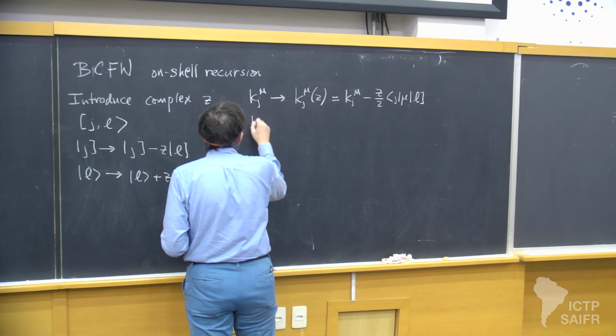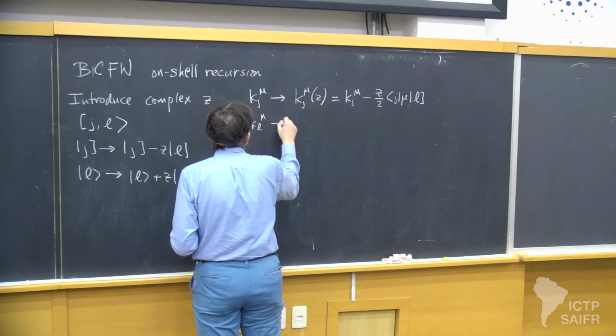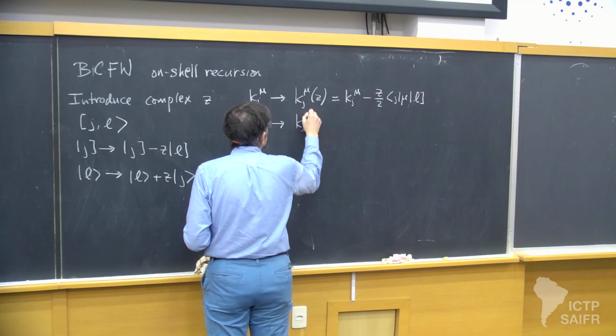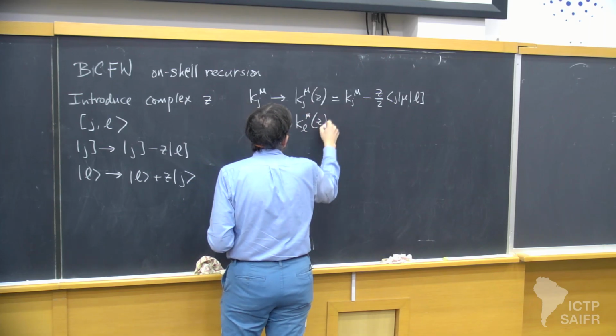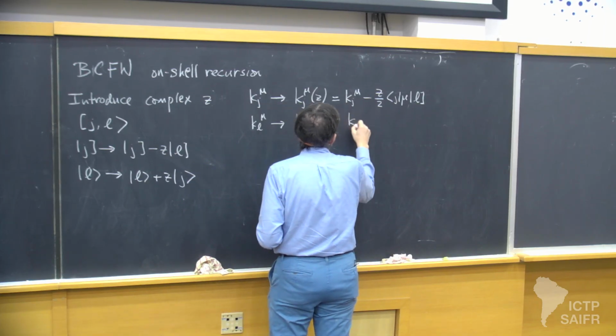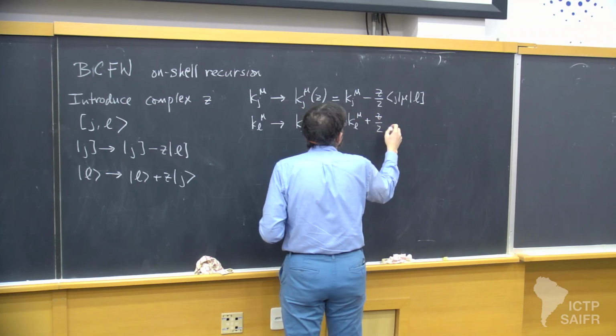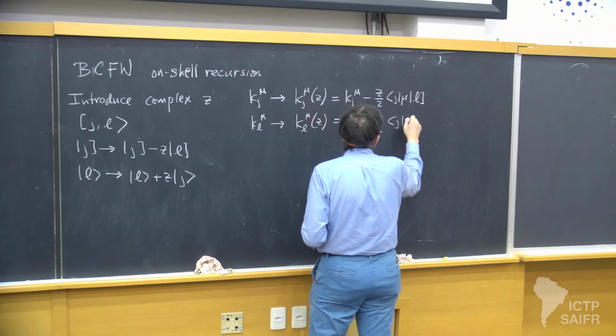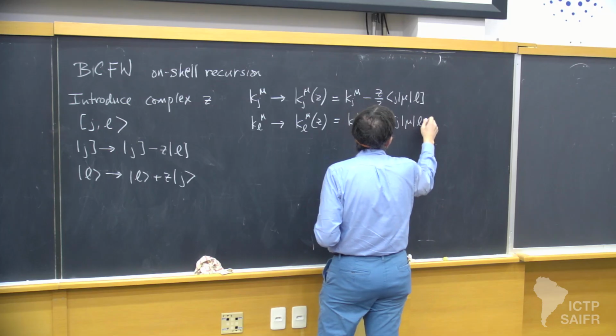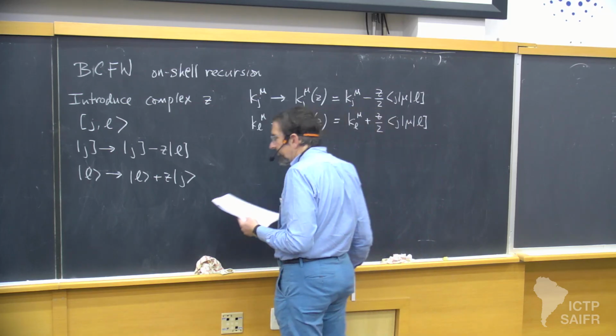And likewise, k_L is going to become a function of z, and that function, again, involves a linear shift in the opposite direction by the same shift vector.